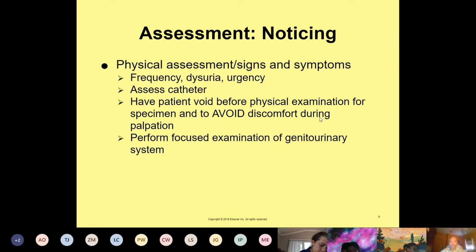Assessing, noticing. All right. So assessment is very important because you have to be able to assess these patients when they come to your institution and determine what is actually happening. And so this is why it is so important for you to know what assessment findings might be pointing to cystitis.